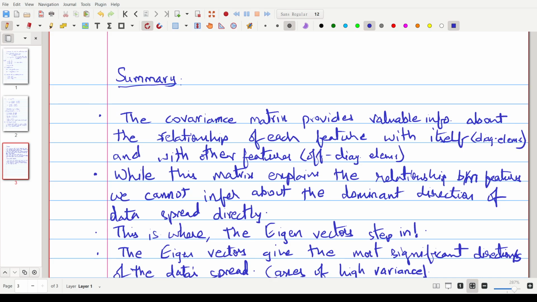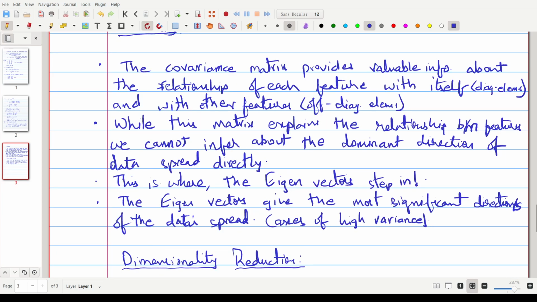Now to summarize, the covariance matrix provides valuable information about the relationship of each feature with itself, that is the diagonal elements, and with other features, the off diagonal elements. While this matrix explains the relationship between features, we cannot directly infer the dominant direction of the data spread. If we plot the actual data, we cannot infer in which direction the data is dominantly spreading just by referring to the correlation matrix.